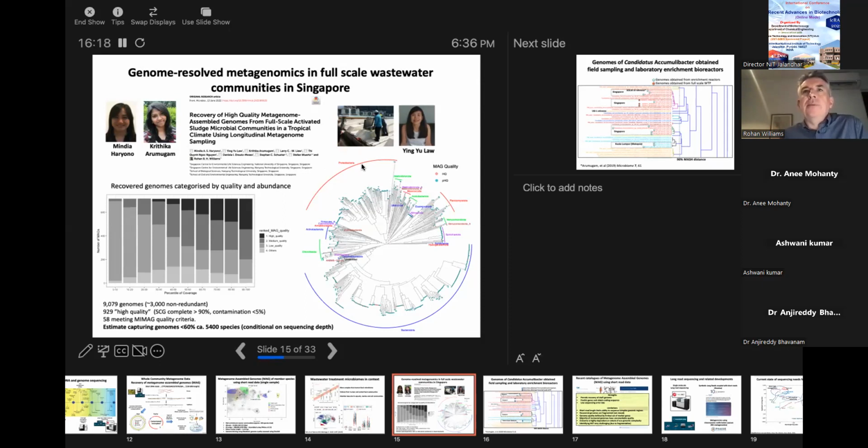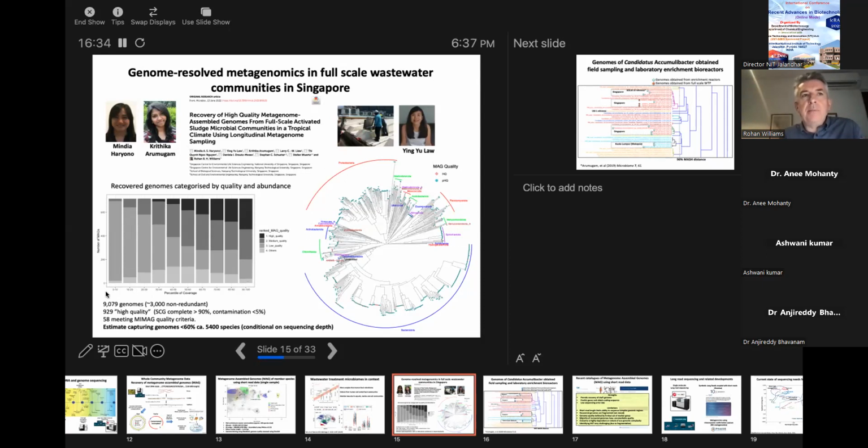And we can see a phylogenetic tree of the high quality genomes that we can obtain from these samples. There are 24 samples in total in this analysis.